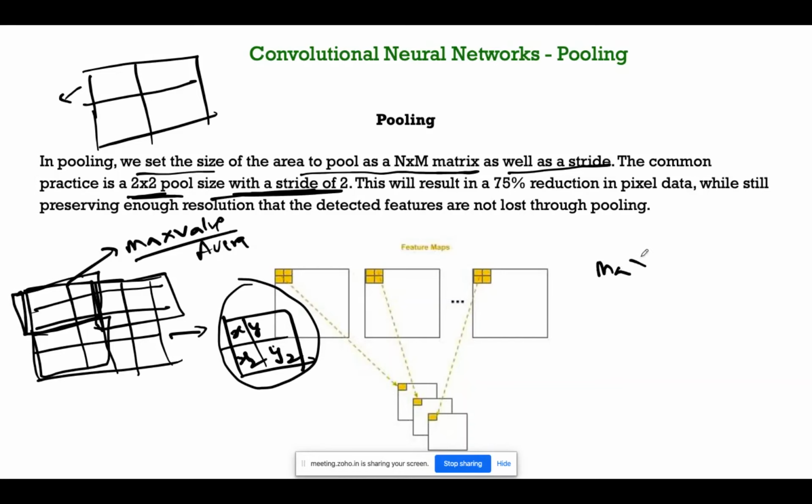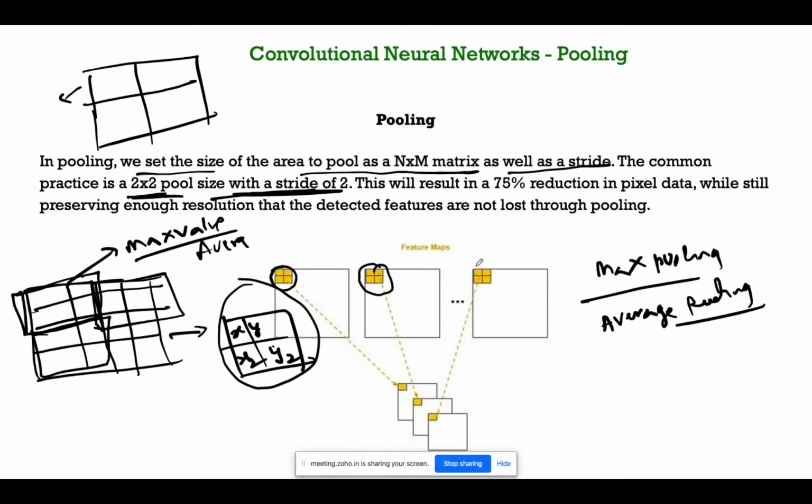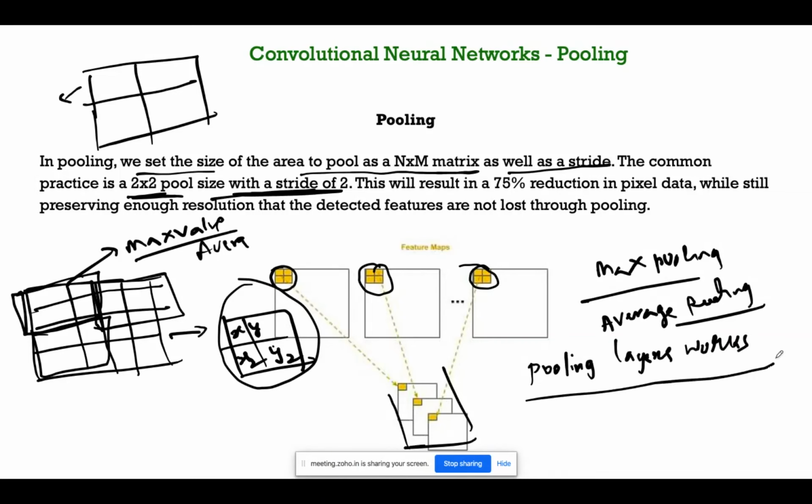The max pooling, or we apply average pooling. See, now I am taking the 4 values, and we are stacking them. This is how your pooling layer works.